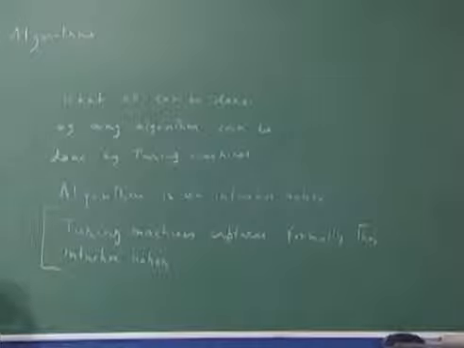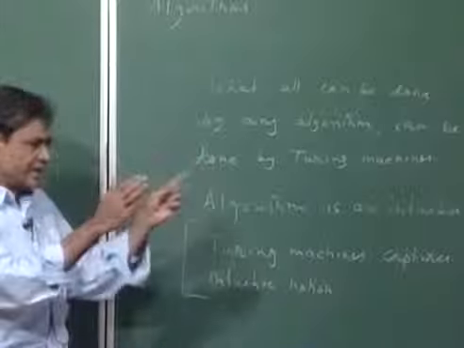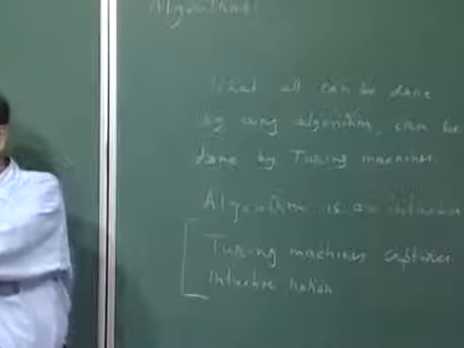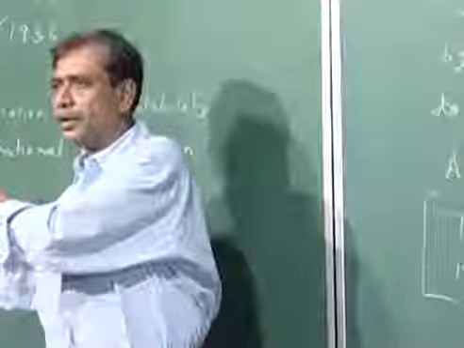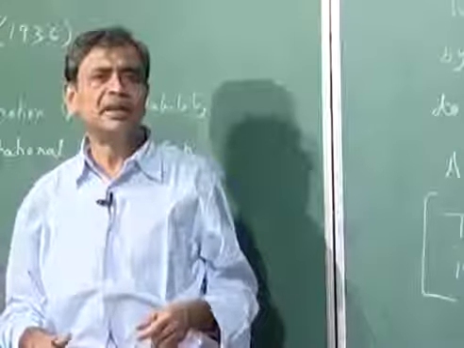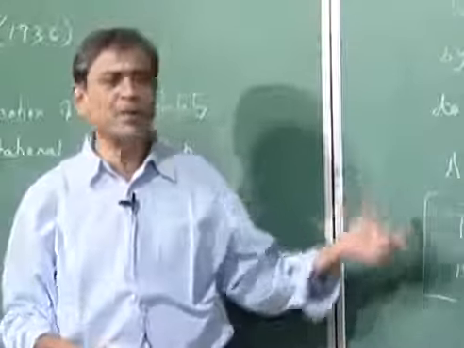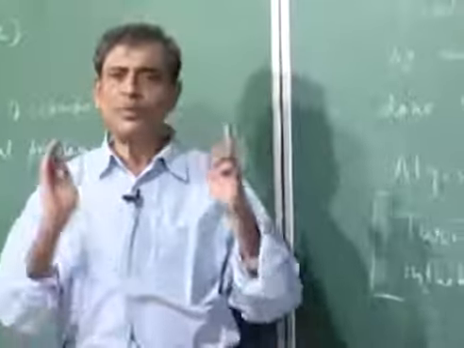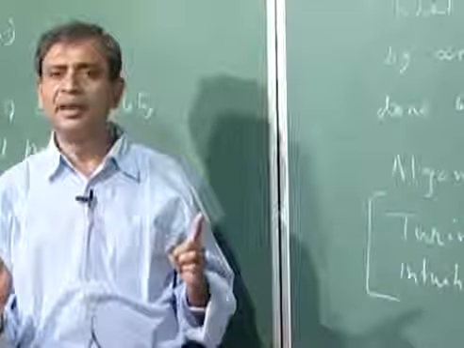But on the other hand, this intuitive notion of algorithms, as we said, is an intuitive notion. So, this kind of statement is saying that this formal notion captures this intuitive notion, right. So, really speaking, we cannot have a proof for this. What we have is a thesis.